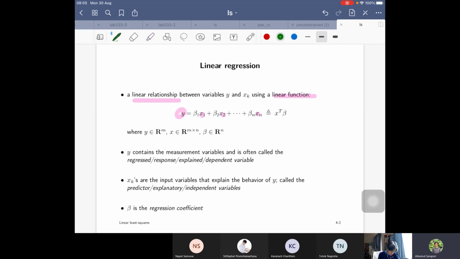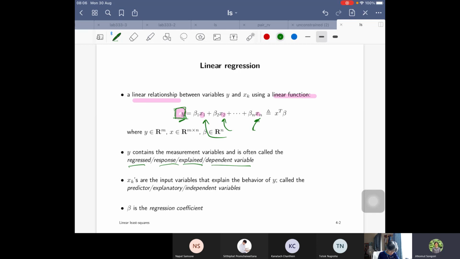In this equation, you will see the variable y that we assume to be the measurements. It is called the response, the regressed variable, the explained variable, or the dependent variable, because your focus is on the variable y, but you're looking to get a list of xk. These xk are the input variables.